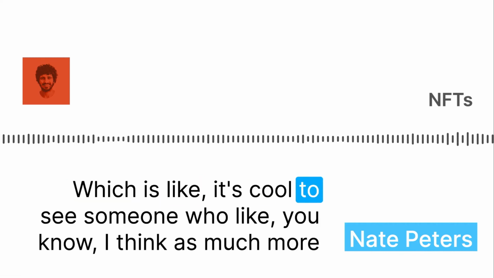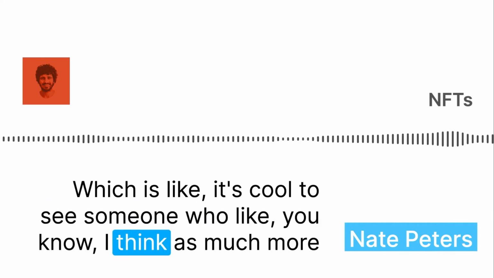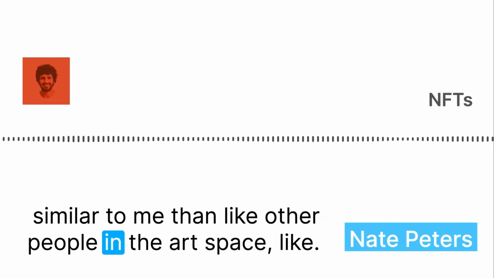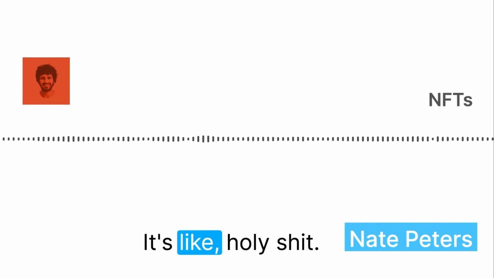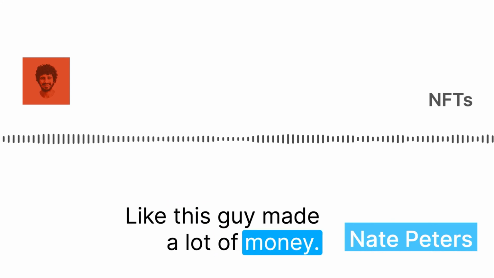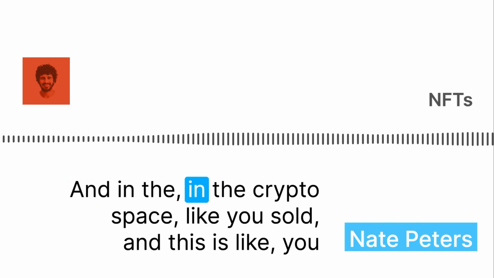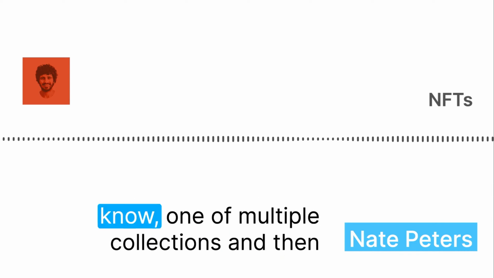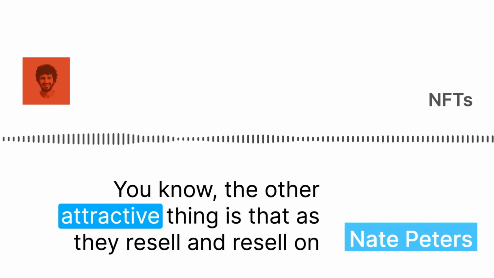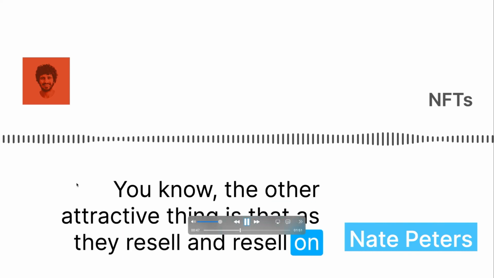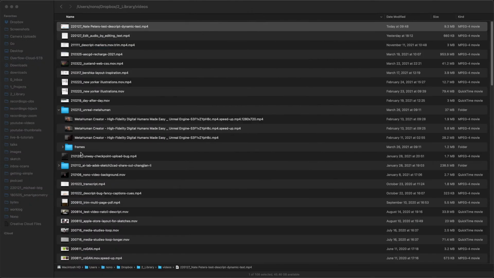Which is like, it's cool to see someone who, like, I think is much more similar to me than like other people in the art space. Yeah. Like getting a following and making this. You do the math, it's like, holy shit, like this guy made a lot of money in in the crypto space. Like, he sold, and this is like, one of multiple collections. And then, the other attractive thing is that as they sell and resell on the open market, he's still getting it.